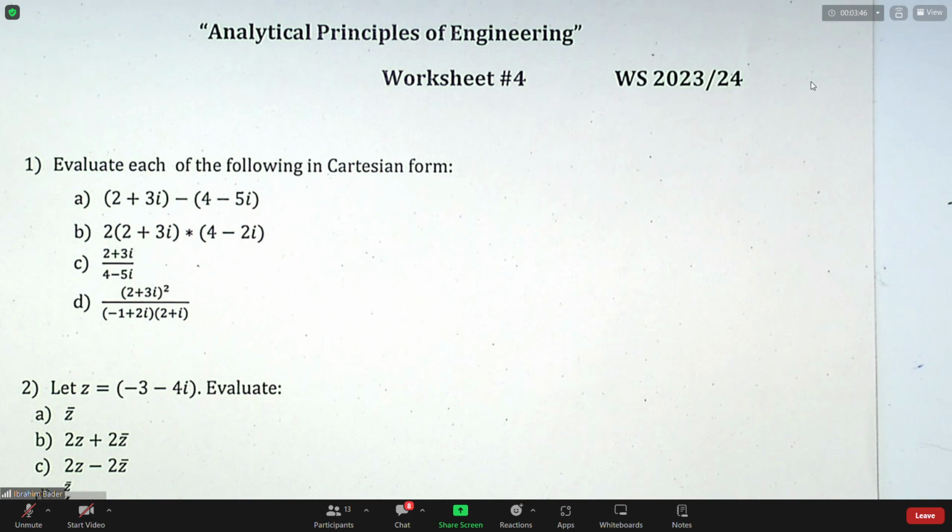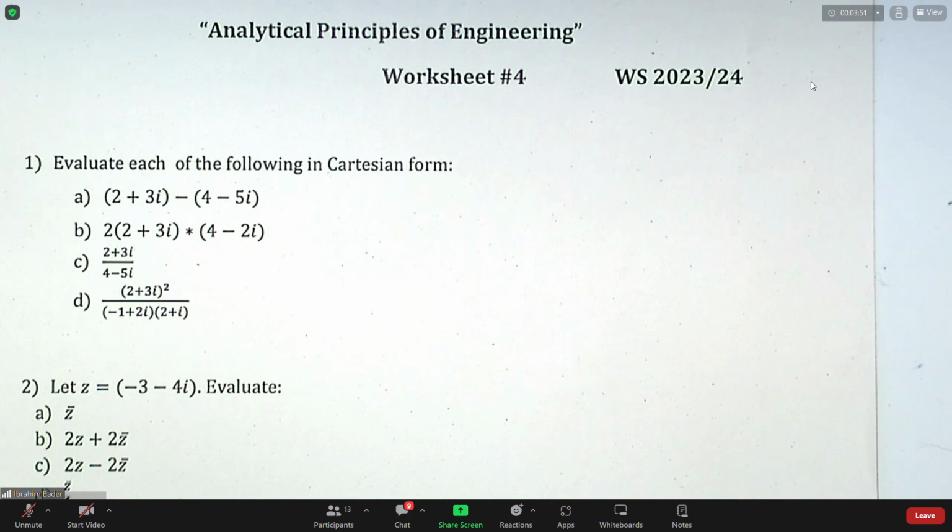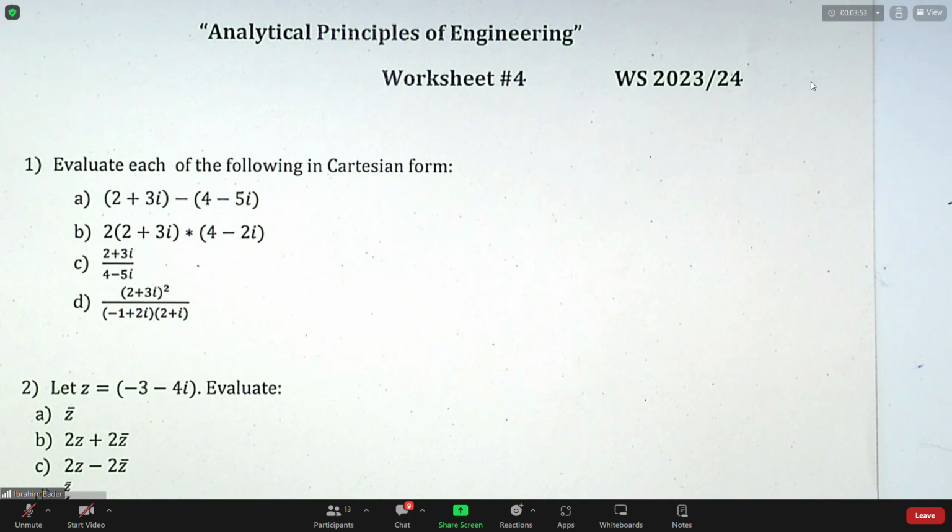Okay, before I start with the worksheet, I just want to remind you about some of the theory that we did, and you will need it definitely for solving the worksheet. So the topic here is complex numbers, and what we learned during the class.